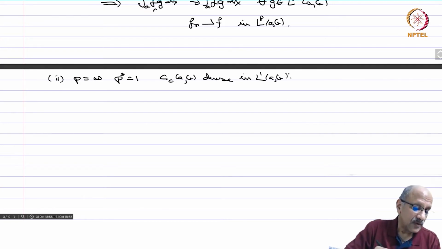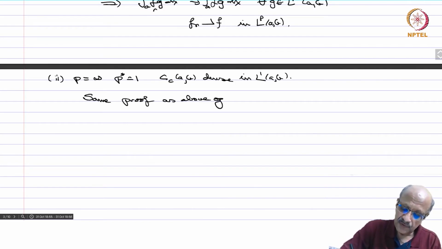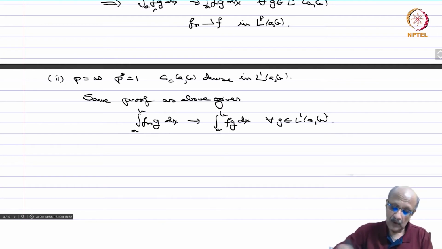Okay, so same proof as above, and therefore gives integral Fn phi g over (A,B) dx goes to integral from A to B of Fg dx for all g in L1(A,B).